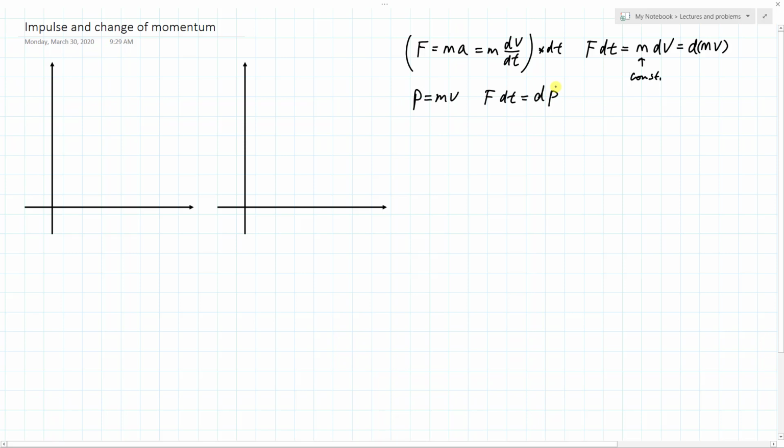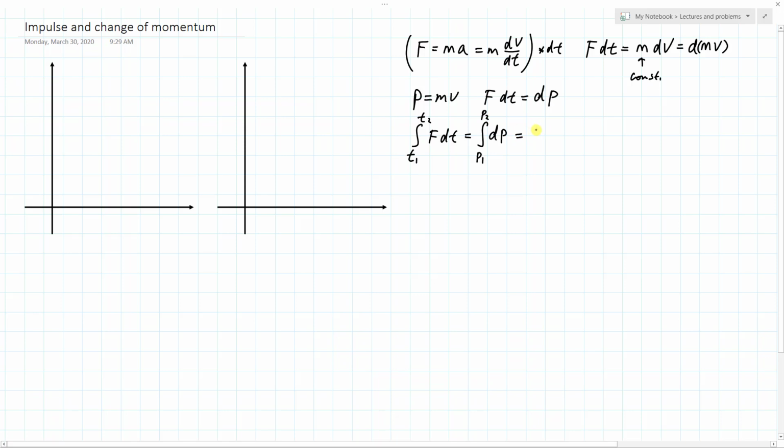Now let's integrate both sides of the equation, between time t1 and t2. We'll have the integral of F dt equals the integral of dp, from t1 to t2 on the left, and from p1 to p2 on the right.